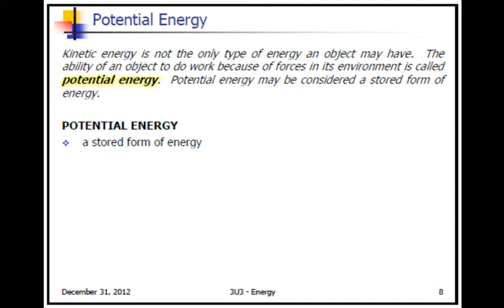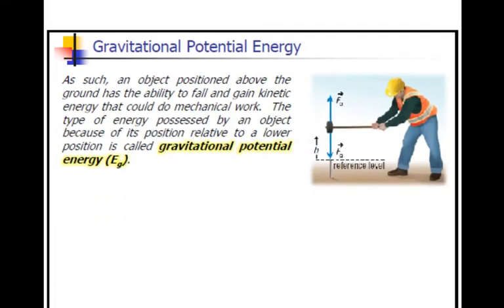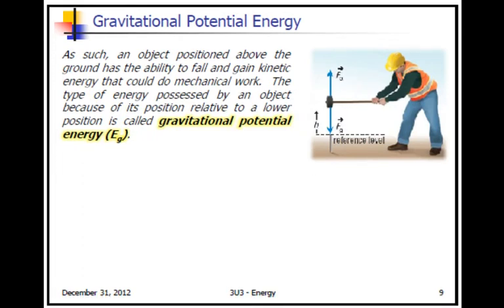In order to get that energy, that's the potential energy inside the food, your body has to process it. And through the processing of that, you can then use that energy. So that's a chemical potential energy that's in our food. But the one type of potential energy we're going to talk about mostly in physics is gravitational potential energy. So it's more of the bowling ball example than the food example.